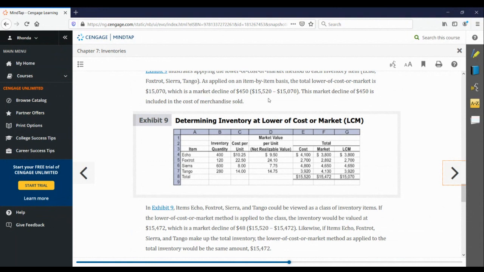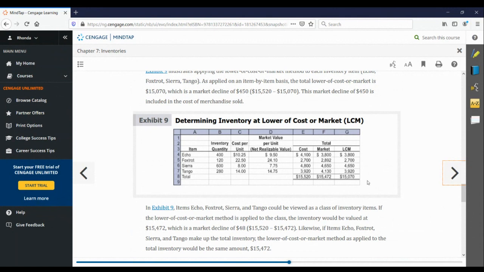That cost of 15,520 would be compared to the lower of cost or market. The difference is 450, which means that our cost will need to be adjusted.